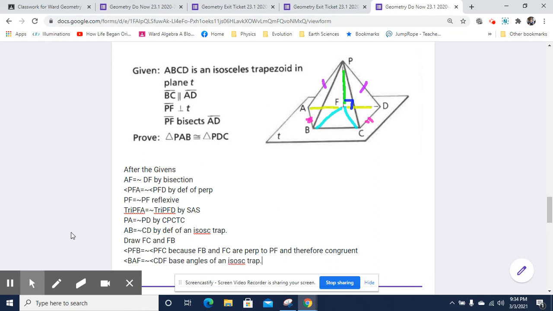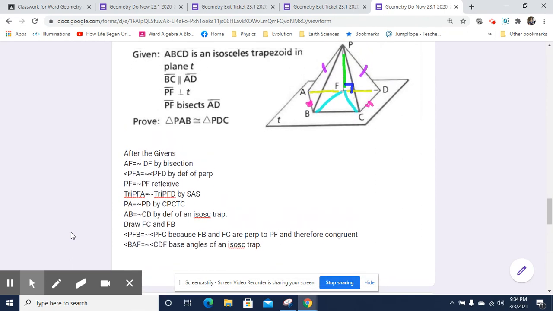I dealt with that in a previous question. That's why I'm remembering it. So if that's true, we can mark those here. Now we know AF and DF are congruent. We know AB and DC are congruent. So we got side, angle, side.